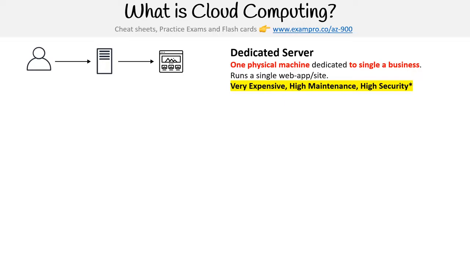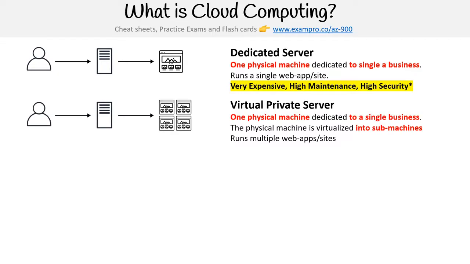Dedicated servers are still used today, but there are some downsides with them. They're very expensive, they're high maintenance. However, you do get a great level of customization, and you potentially can have better security based on your use case. Then along came virtual private servers.